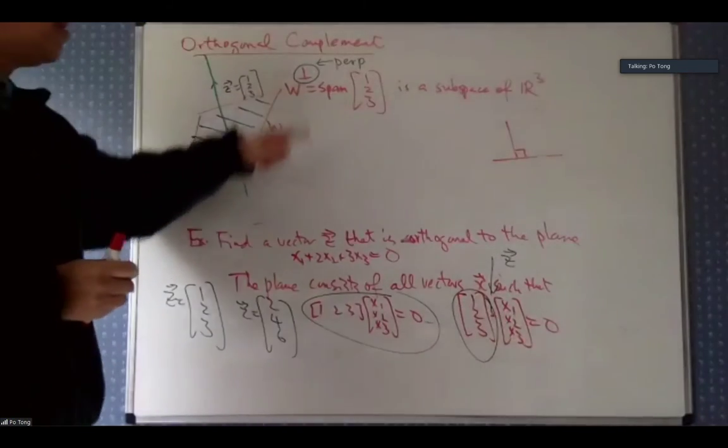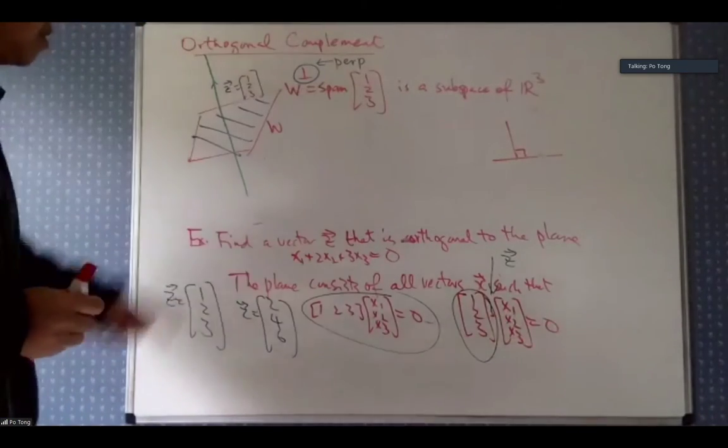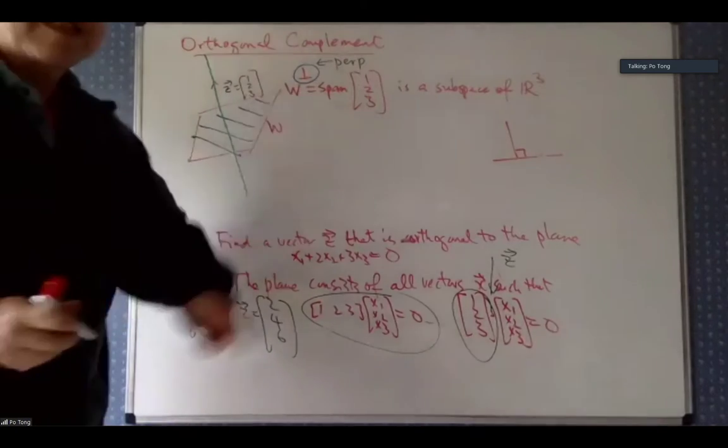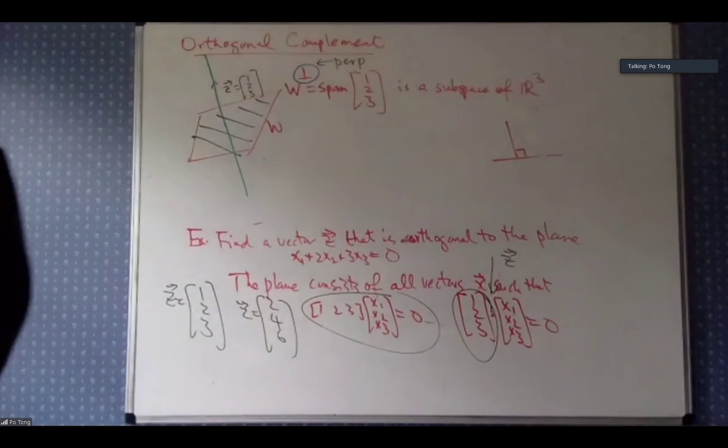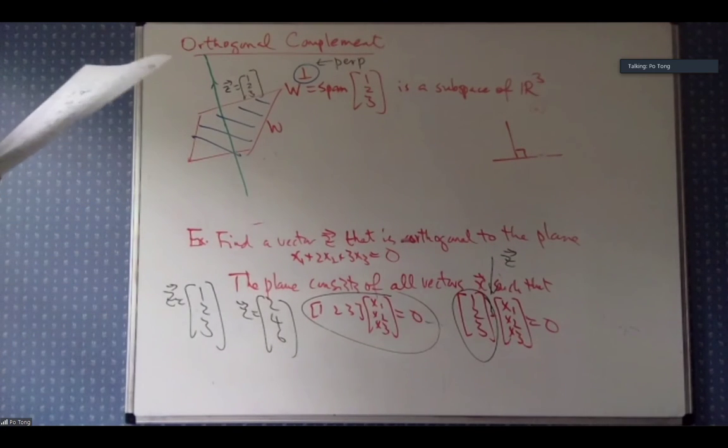So W perp is equal to this line. W is the original plane. So we have this terminology.